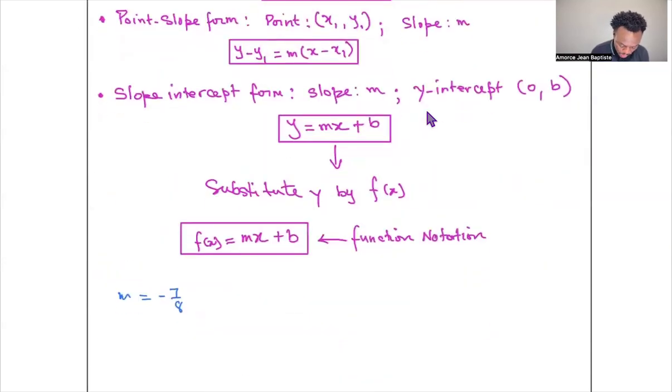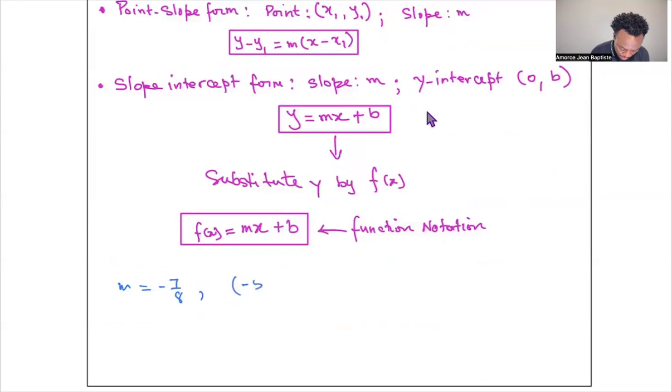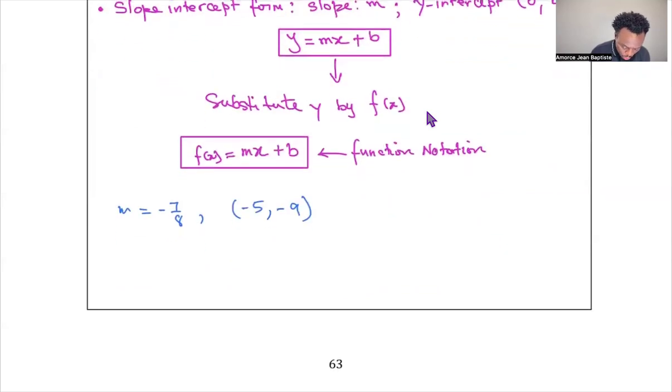The point is -5, -9. So the point slope form would be y minus -9 equals -7/8 times x minus -5.